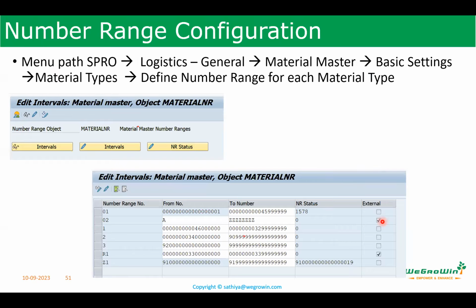But if we define to the system the logic I want to follow, for example number range 1 and number range 2, then I can assign each number range to a specific material type, like all my finished goods, all my semi-finished goods. Once I create a material, the system will create it with these numbers as running serial numbers.